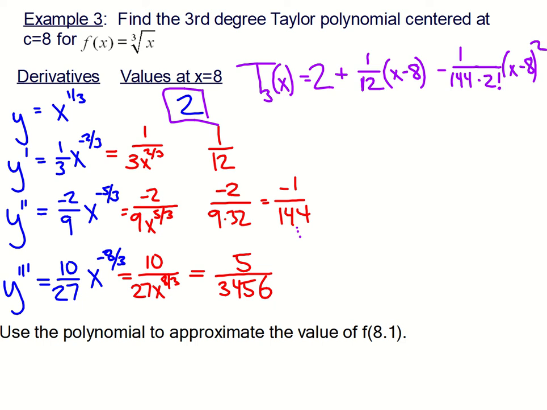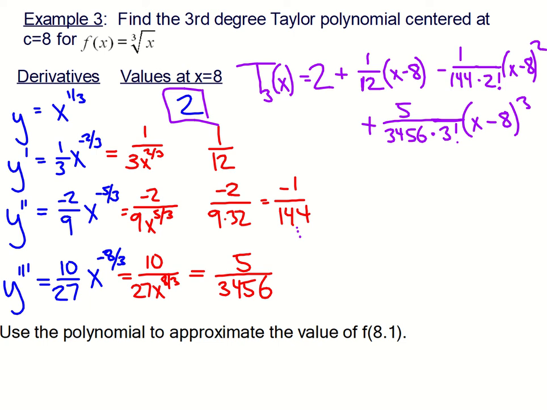And then our last term, and then I'll go back and simplify part of this. So then our last term would then be plus 5 over 3,456 times 3 factorial, which would also be on the bottom there, and then x minus 8 quantity cubed. That would be our third degree Taylor polynomial.